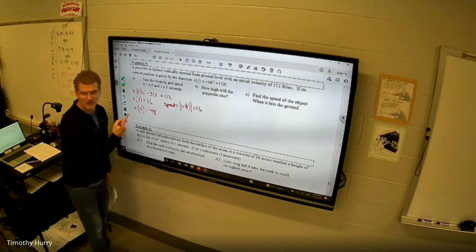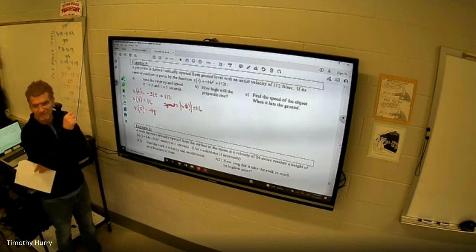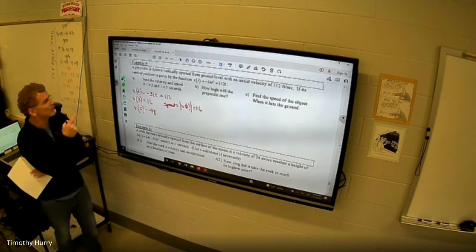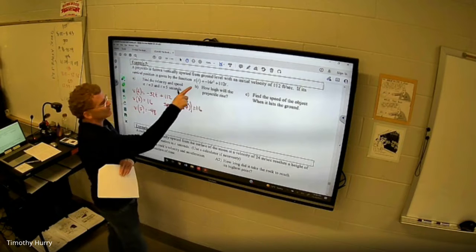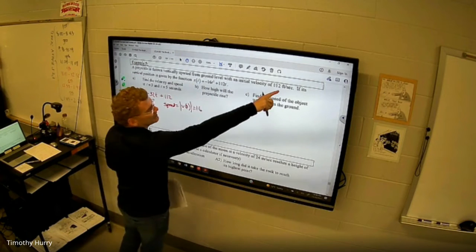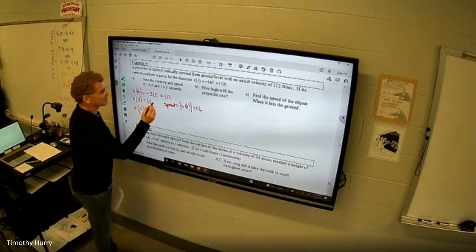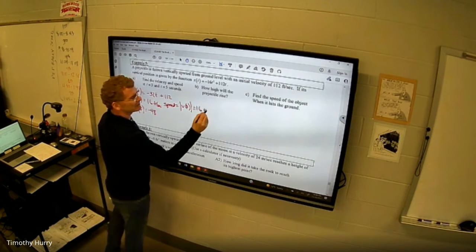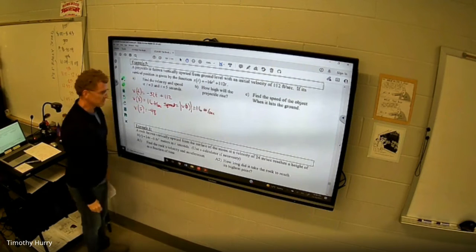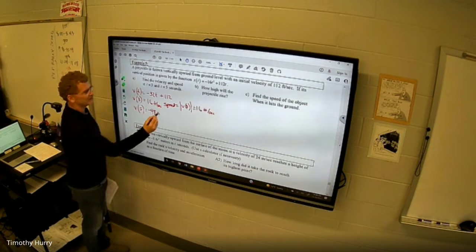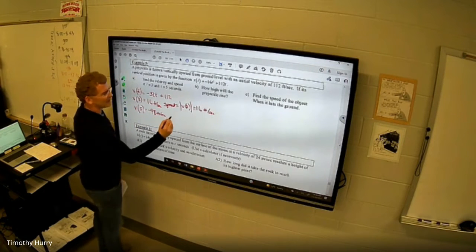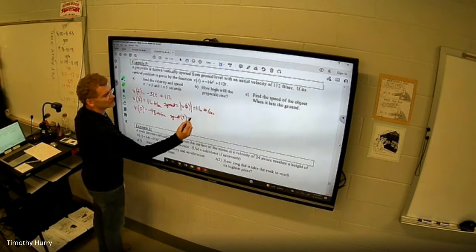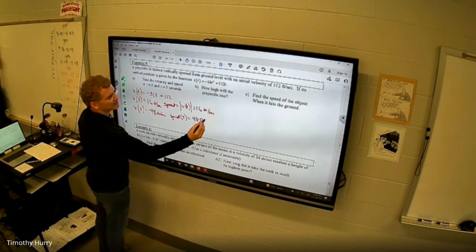And by the way, if my position is in feet, my velocity is feet per second, so make sure you label the velocity and the speed feet per second. Same thing here, feet per second. Now, what's the speed at 5? The speed at 5 would just be positive 48 feet per second.